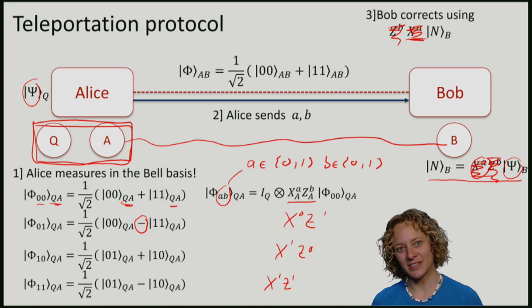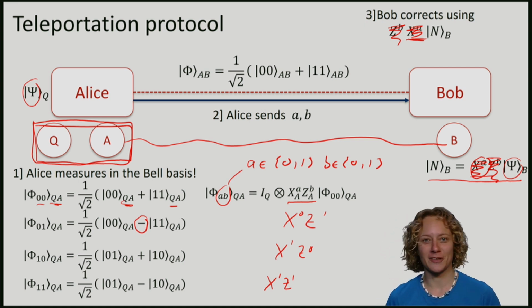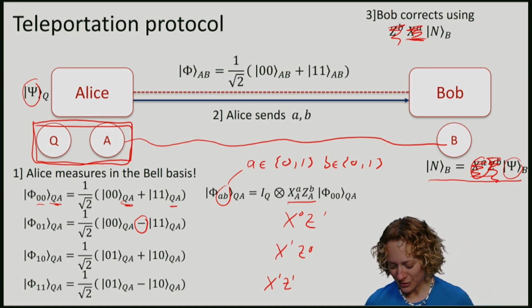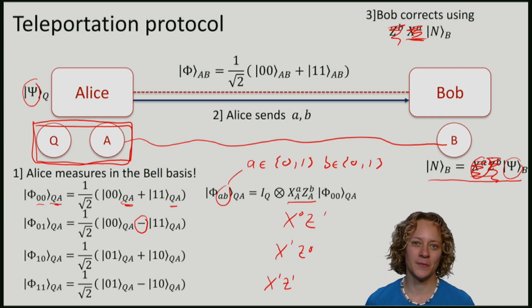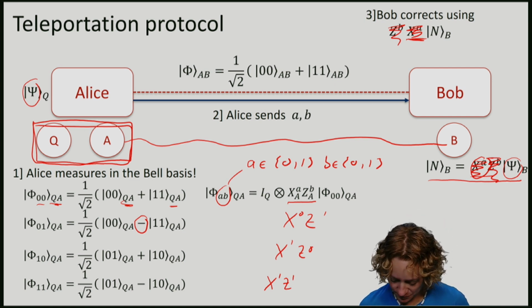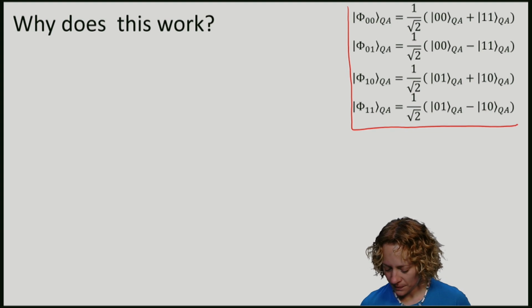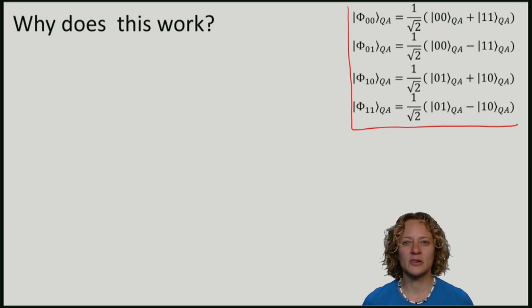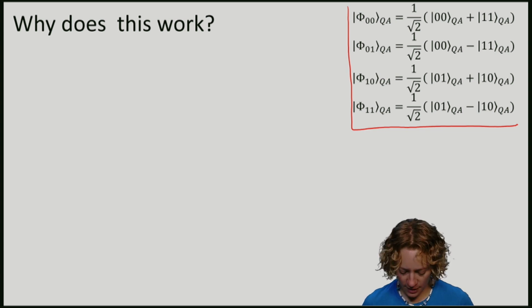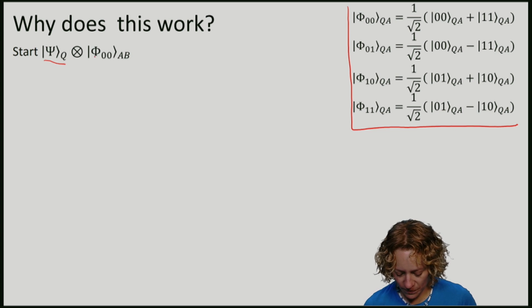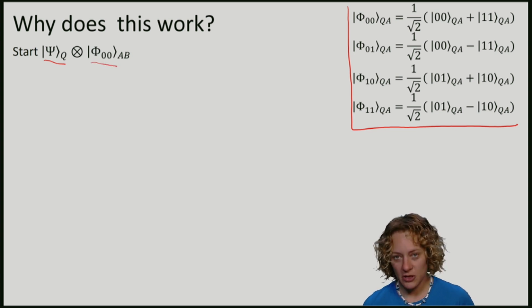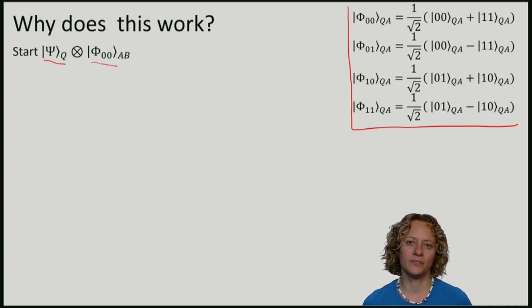In the last part of this video, let's convince ourselves that all these claims which I've just made here really hold. So here I'm writing again the Bell basis. So what happens if Alice measures in the Bell basis? So we start with the state Psi on Q and the EPR pair shared between Alice and Bob.